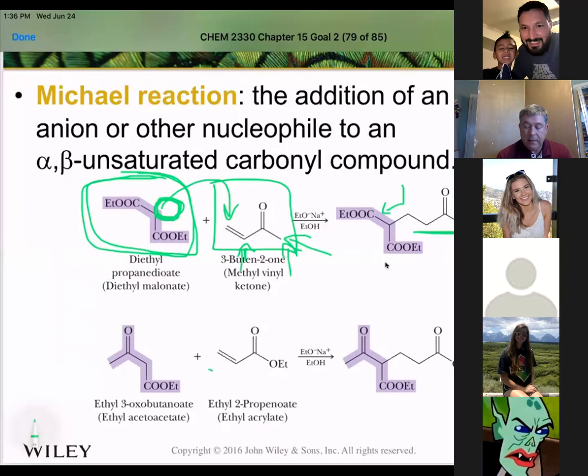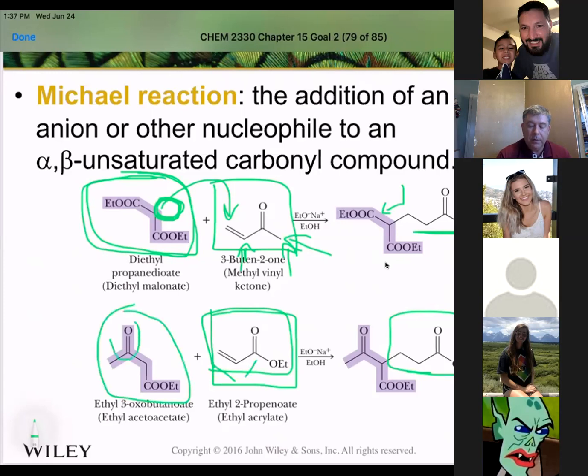In the case of having an ester here, notice we end up with our beta addition and we keep our ester. So the Michael addition always has one component that has a double bond next to a carbonyl. The other component almost always has two carbonyls on it to make sure you only take away one of the protons.